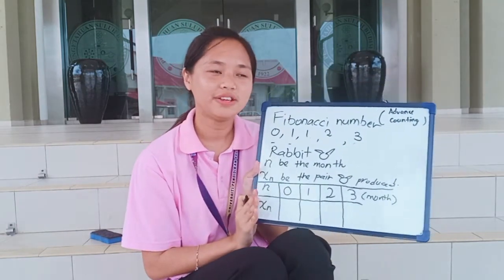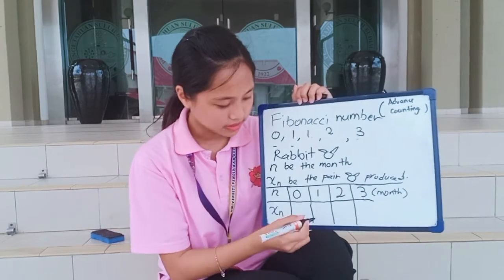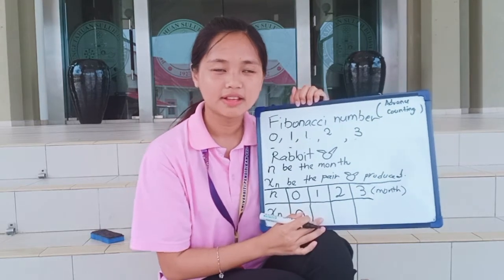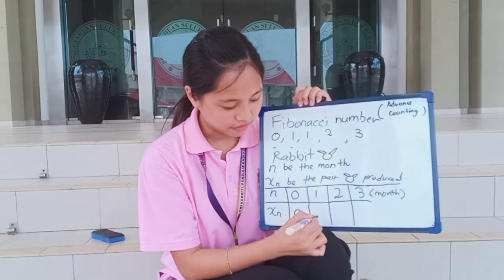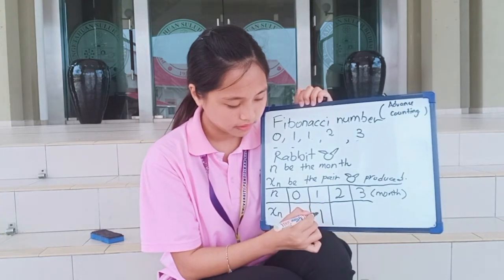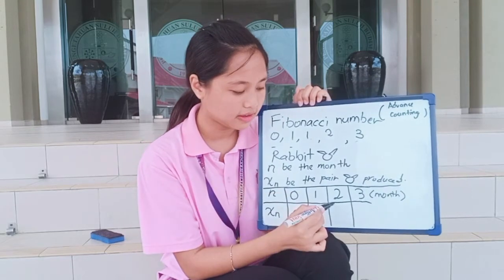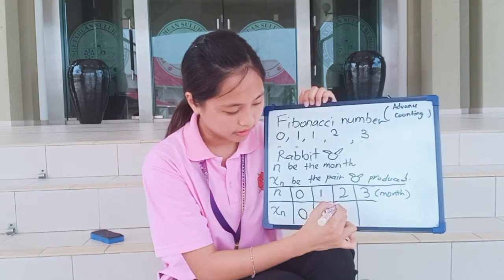For month 0, it's impossible to produce any pairs of rabbits, right? So here will be 0. In the first month, we will produce 1 pair of rabbits, so we put 1 here. To get the number of pairs at the second month, you add 0 and 1 together.